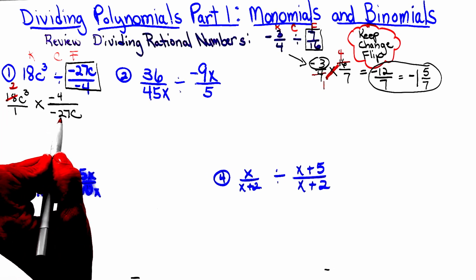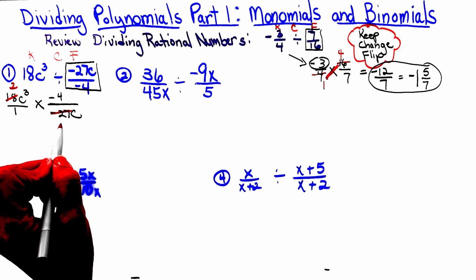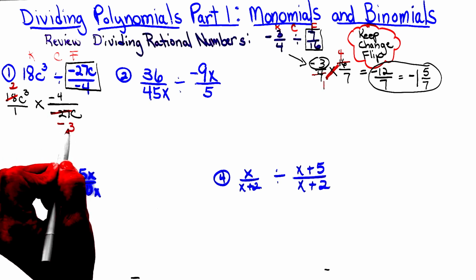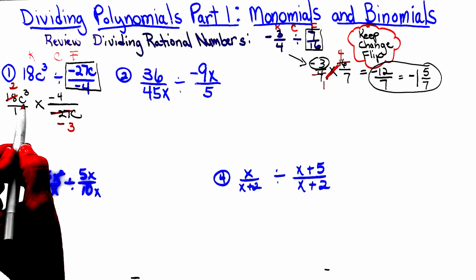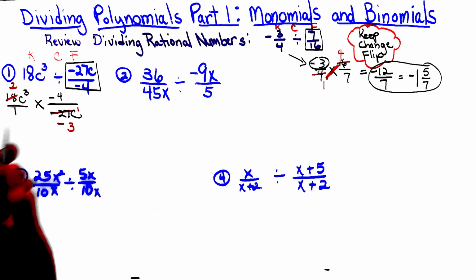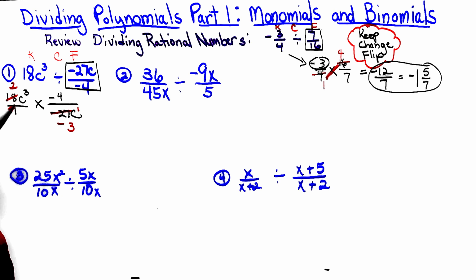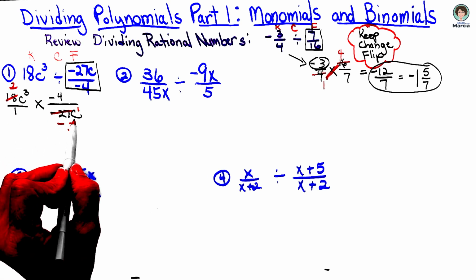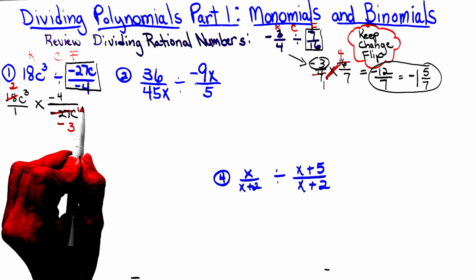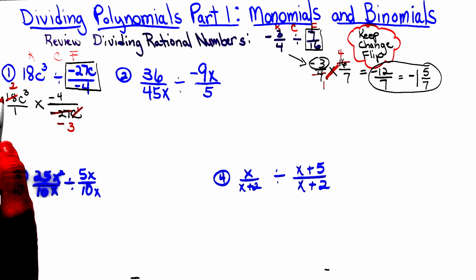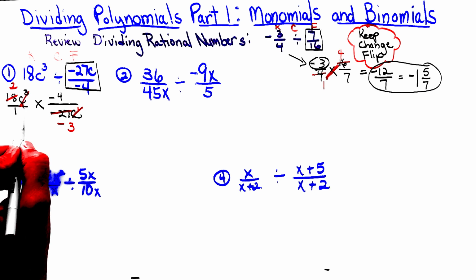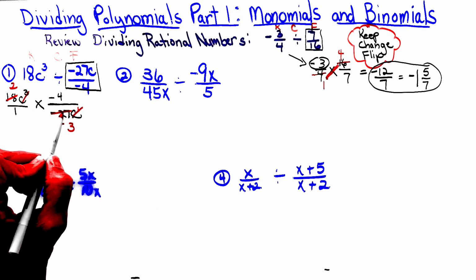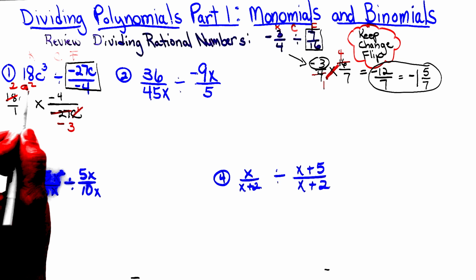And negative 27 divided by 9 is a negative 3. Now I also see that I have a c, which is to the first power, and a c cubed. So the greatest common factor between these would be just c to the first power. So this one actually is gone. We cross that one off. And c cubed, now we have to take 1 away, is c squared.